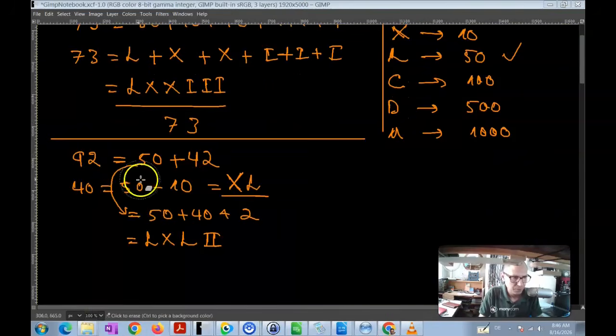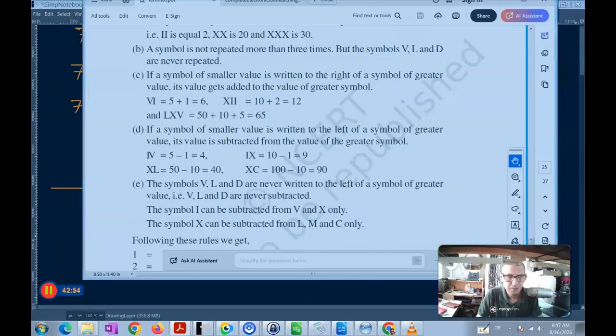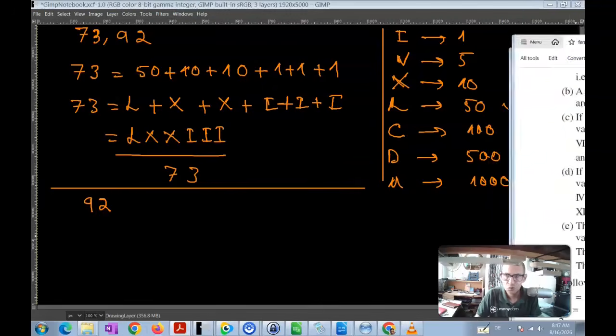Now for a 92, what you can do is that you see over here, a 90 is a 100 minus a 10, right?